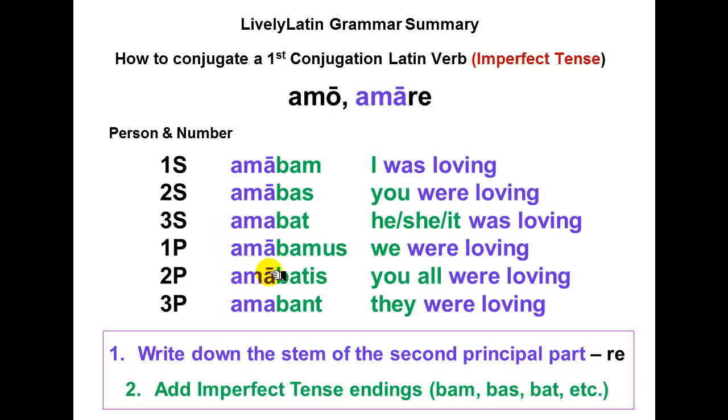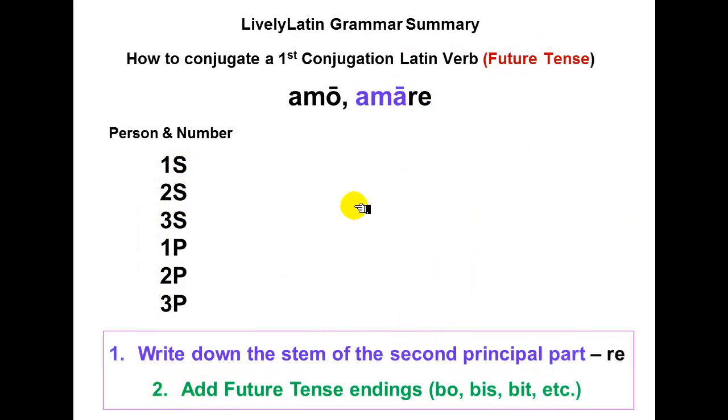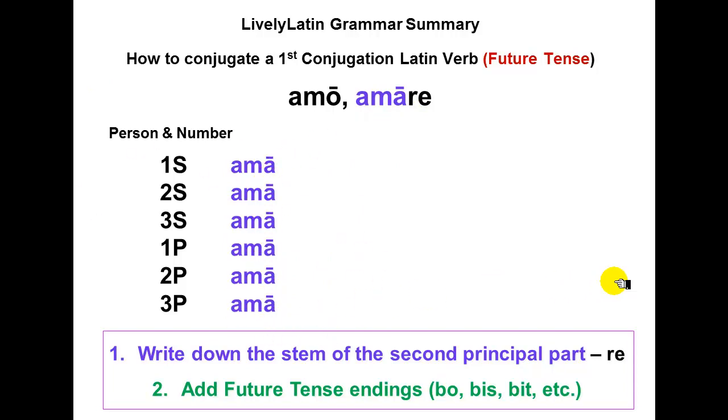amabamus, amabatis, amabant. Now let's conjugate a first conjugation verb in the future tense. Once again, we're using the second principal part of the verb minus the re as the stem. So AMA all the way down times 6.